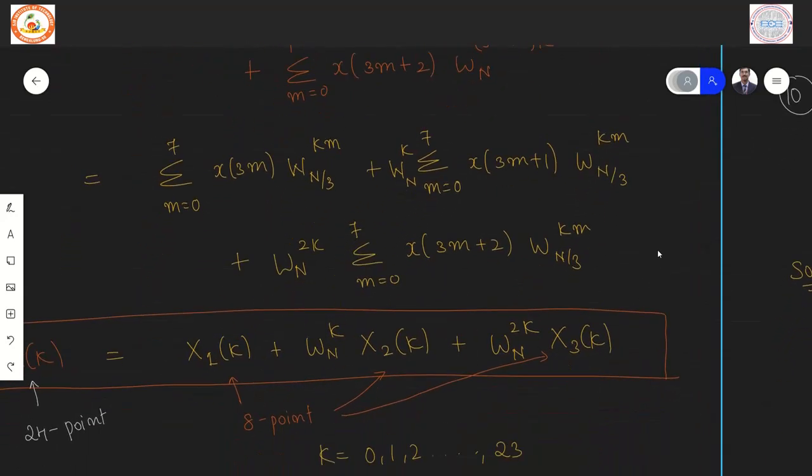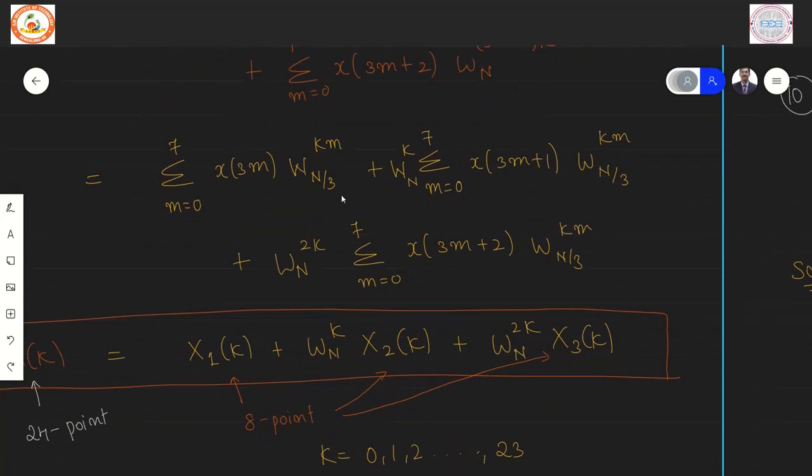And finally, the first part, let us denote it as X1 of k. The second part is W_N to the power of k times X2 of k. We are using X2 of k as a notation for the second summation. And W_N to the power of 2k times X3 of k, where X3 of k is the notation for the third summation.